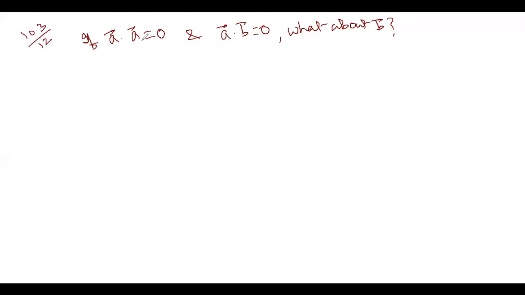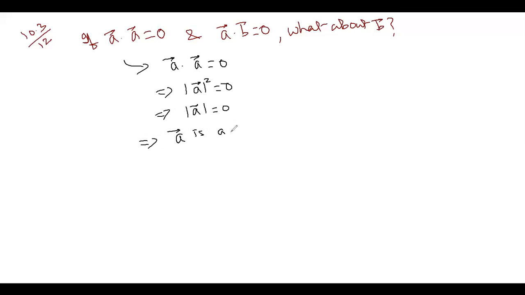If A dot A is equal to 0, then magnitude of A square is equal to 0, which shows that magnitude of A is equal to 0. When the magnitude of A is equal to 0, that means A is a 0 vector. What is a 0 vector? Which has magnitude 0. So A is a 0 vector. We got the conclusion about A.